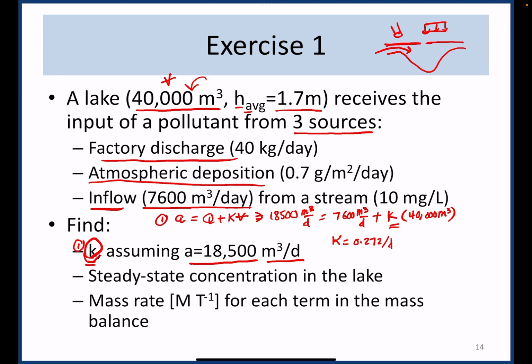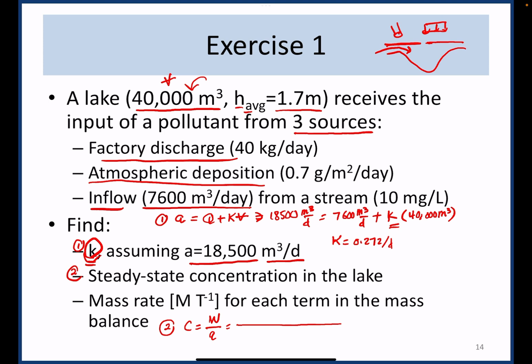Number two, what is the steady state concentration in the lake? This is the solution for number two. C is equal to the loading over A, the assimilation factor. Now you're going to put in all the loadings.